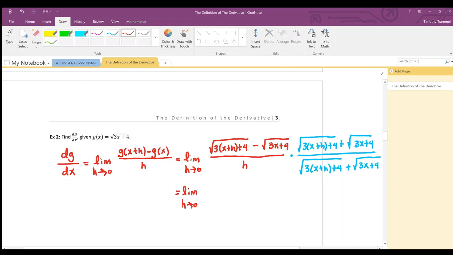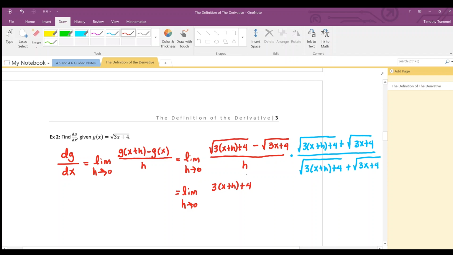All right, next we'll FOIL. And this should work out nicely because we have a difference of squares here. So our first term is going to be the result of multiplying the square root of 3 times x plus h plus 4 times itself. So we're just going to lose the radical. So this becomes 3 times x plus h plus 4.